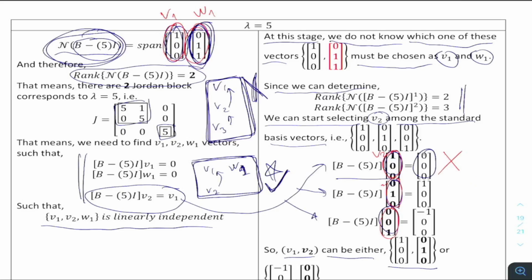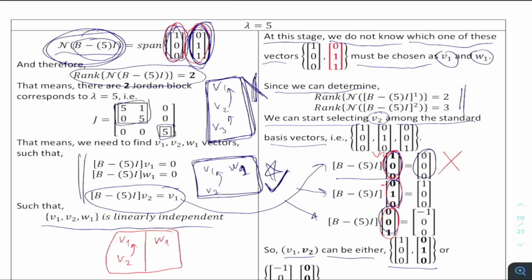All right, let me delete that. We don't know which one is v1 and which one is w1. From the information we concluded the geometric formation is something like this: v1, v2, and then w1.